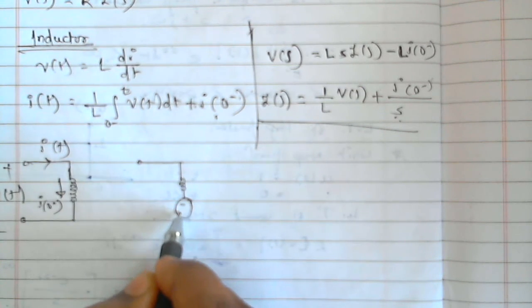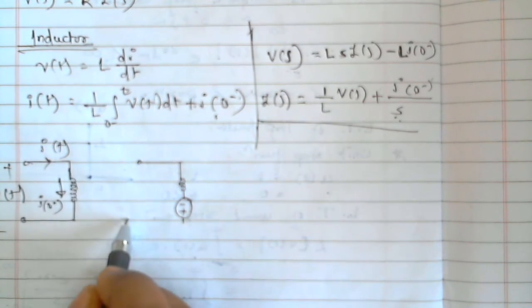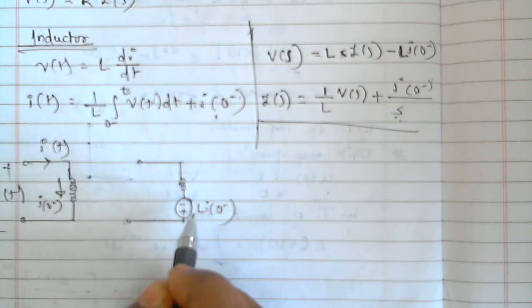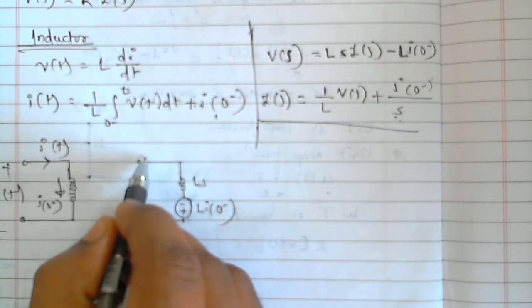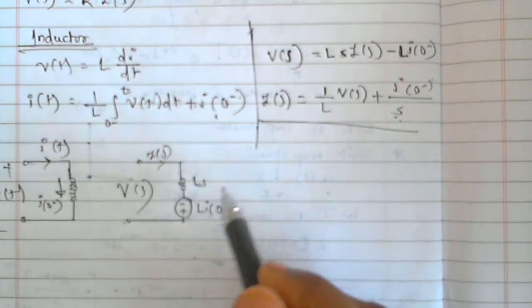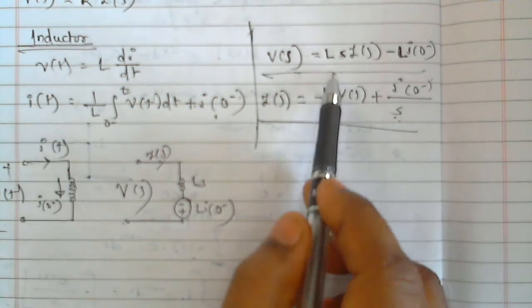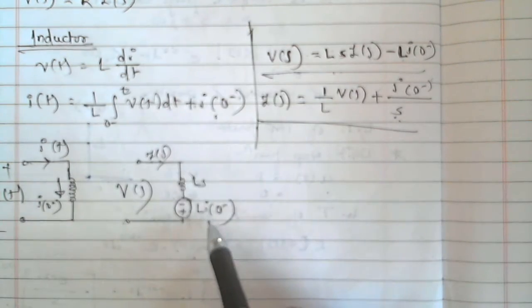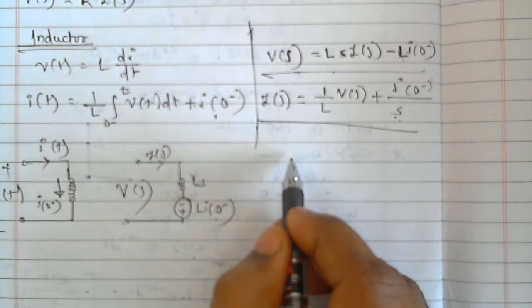Now if the inductor has some initial stored energy, L I of 0 minus, this is Ls, I of s, this is V of s. Okay, you can see this equation: Ls I of s minus L I of 0 minus.